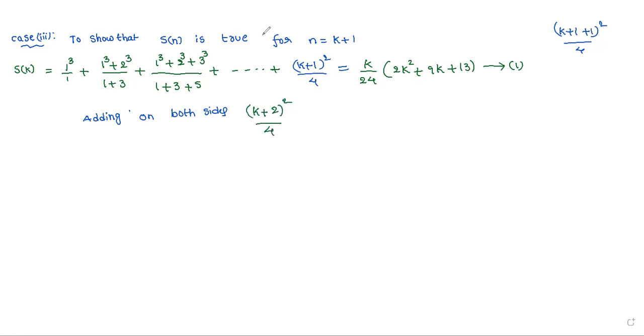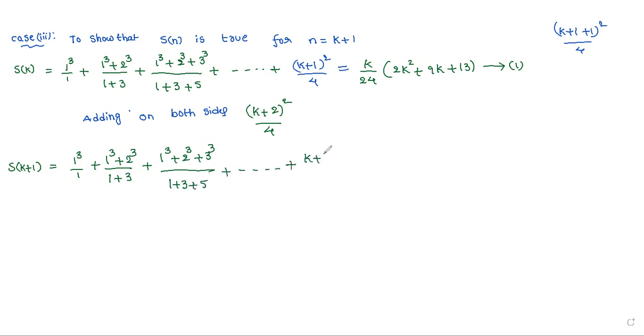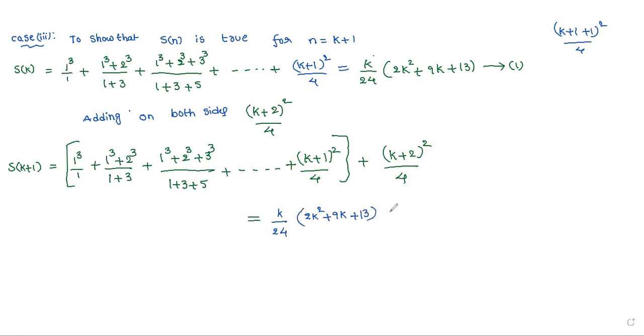So S of k plus 1 is equal to 1 cube by 1 plus 1 cube plus 2 cube by 1 plus 3 plus 1 cube plus 2 cube plus 3 cube by 1 plus 3 plus 5 plus and so on, k plus 1 whole square by 4, adding k plus 2 whole square by 4, is equal to RHS k by 24 into 2k square plus 9k plus 13 plus k plus 2 whole square by 4. So the LCM is 24.